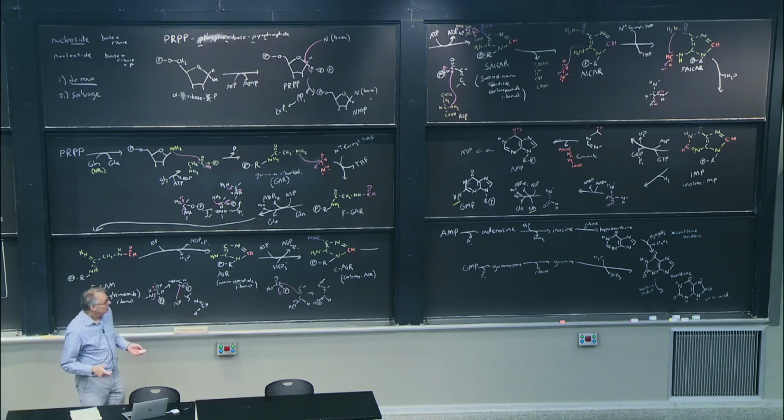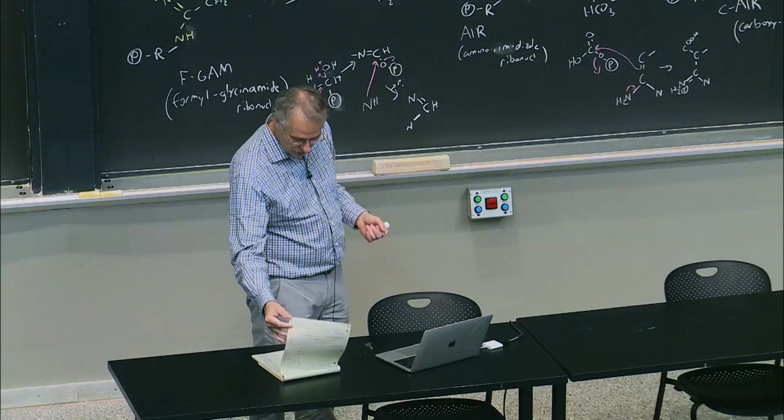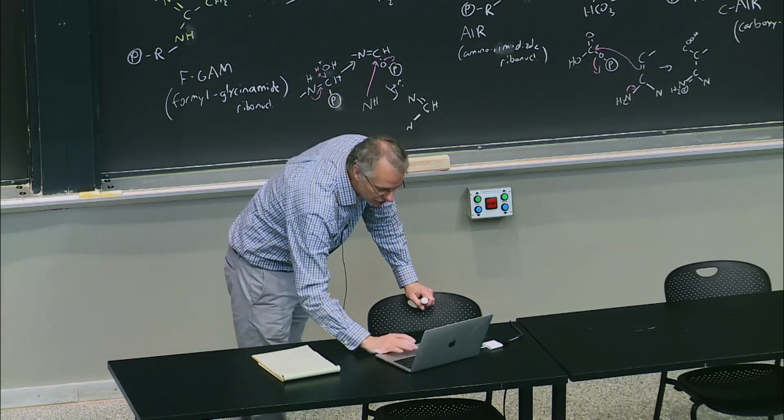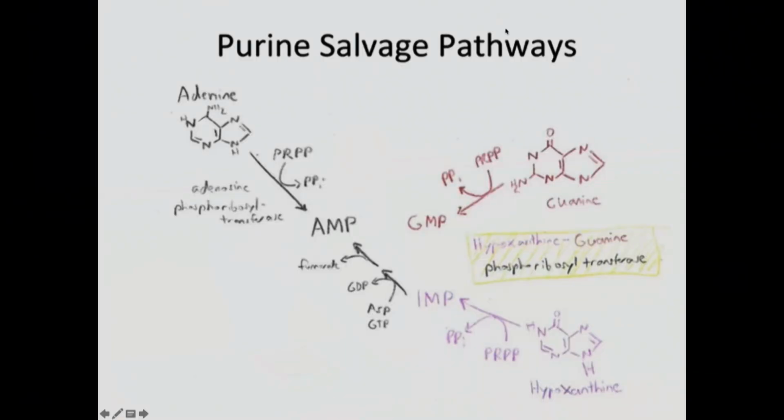All right. Now, if you break down purines and you want to recapture them, you can also use salvage. And so to save some time here, I drew out basically the salvage pathways for purines. You can start with adenine, or you can start with guanine, or you can start with hypoxanthine.